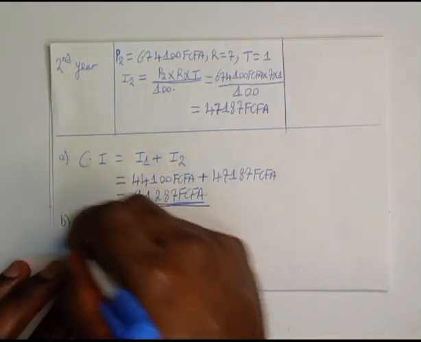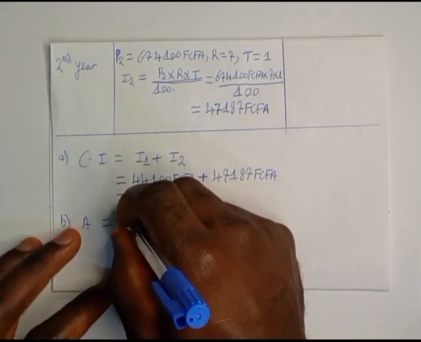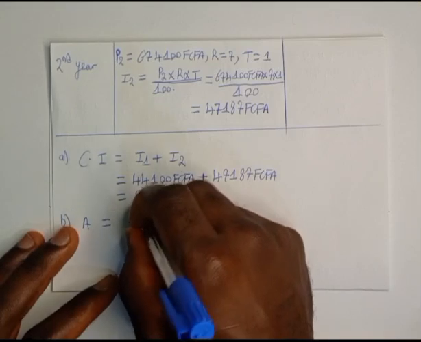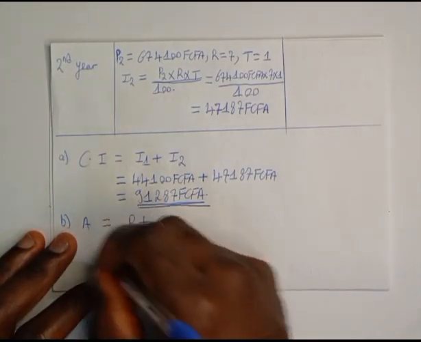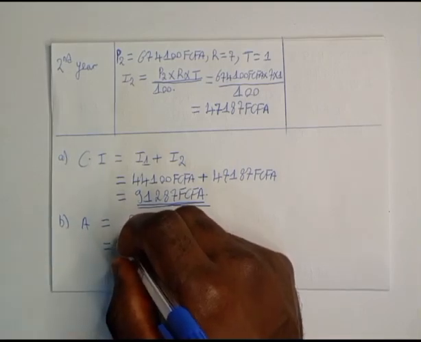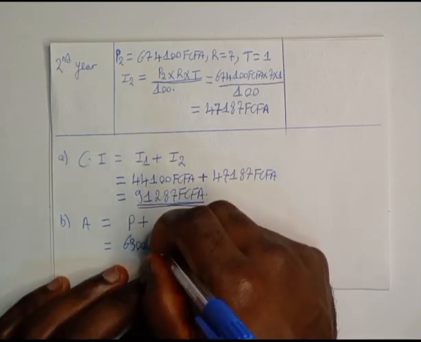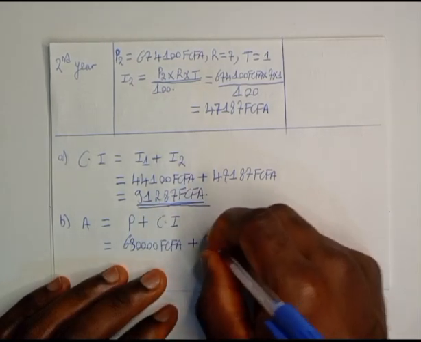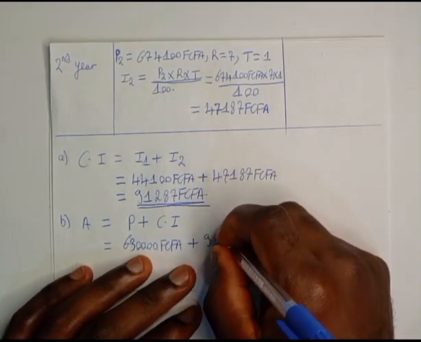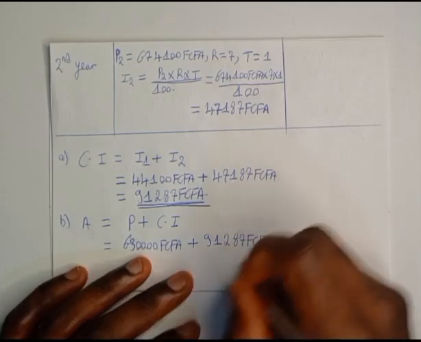Question B is asking us to find the amount. The amount is simply equal to the principal plus the compound interest. And this will be equal to the principal, which is the initial amount being invested, 630,000 francs CFA, plus the compound interest, which is 91,287 francs CFA.